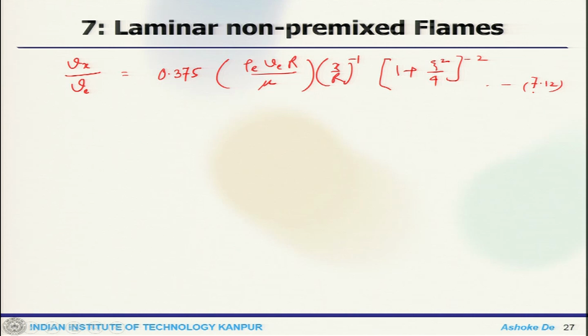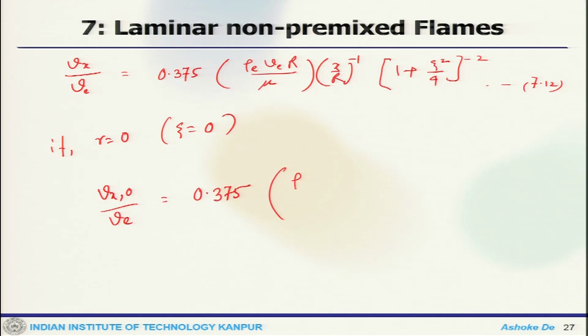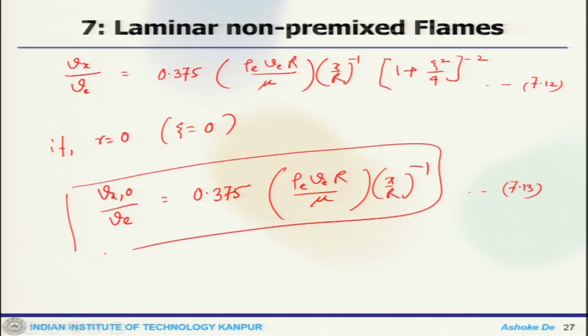Now, the dimensionless center line velocity decays. This can be obtained by setting r equals to 0, where xi equals to 0. Vx0 by Ve is nothing but rho_e V_e r by mu, times 1 over (x by r) minus 1. So, this is what we get.